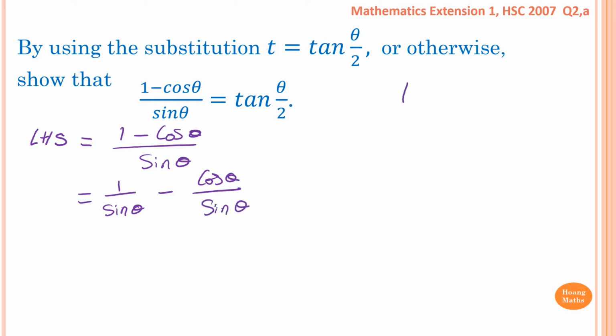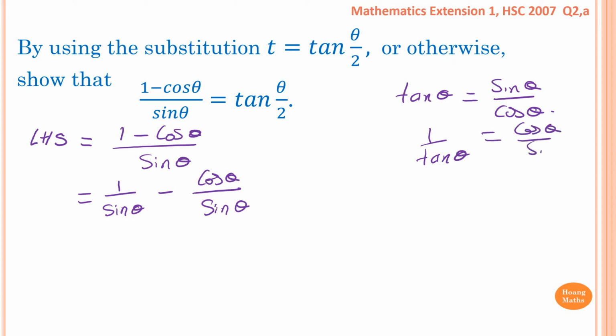Now remember, tan of theta is equal to sine theta over cos of theta. Therefore cos theta over sine theta is 1 over tan of theta.